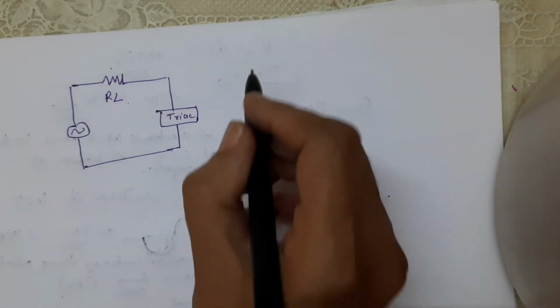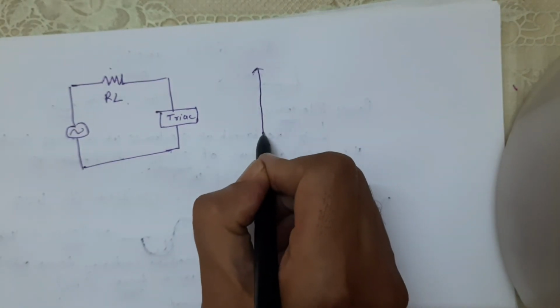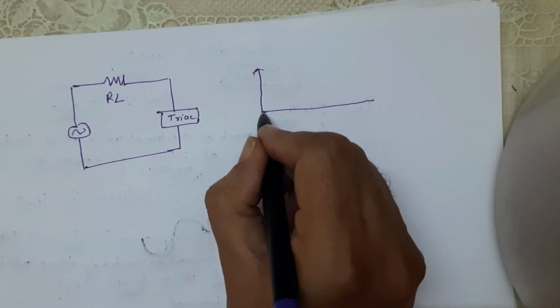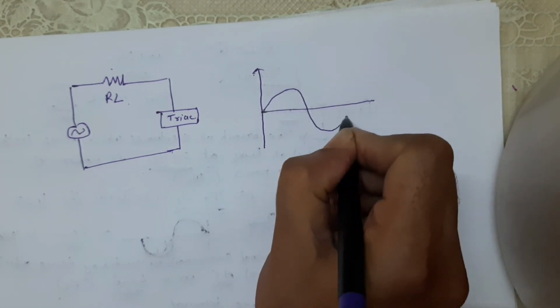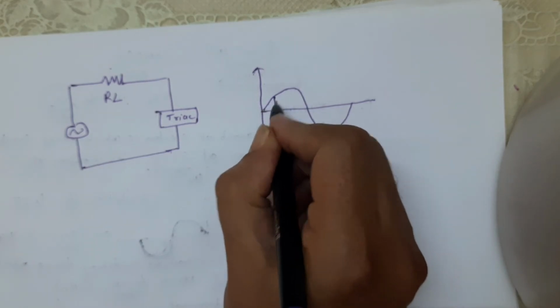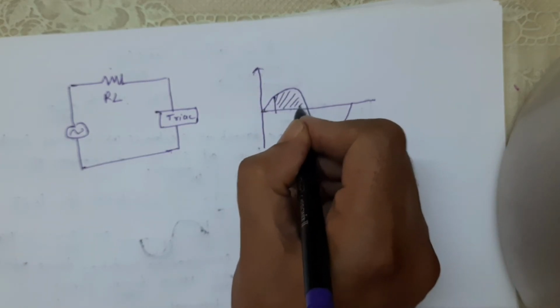Right? What happened to the output? Input is AC. Output is like this. This much portion is the output.